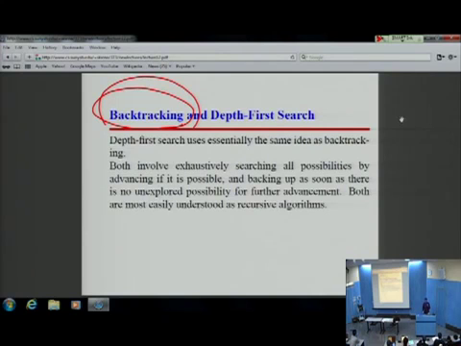The interesting thing is that when we get to backtracking, that is going to be the exact same idea as depth first search. The difference is that we're not going to have the whole graph in advance. But otherwise, it is essentially depth first search on a graph.